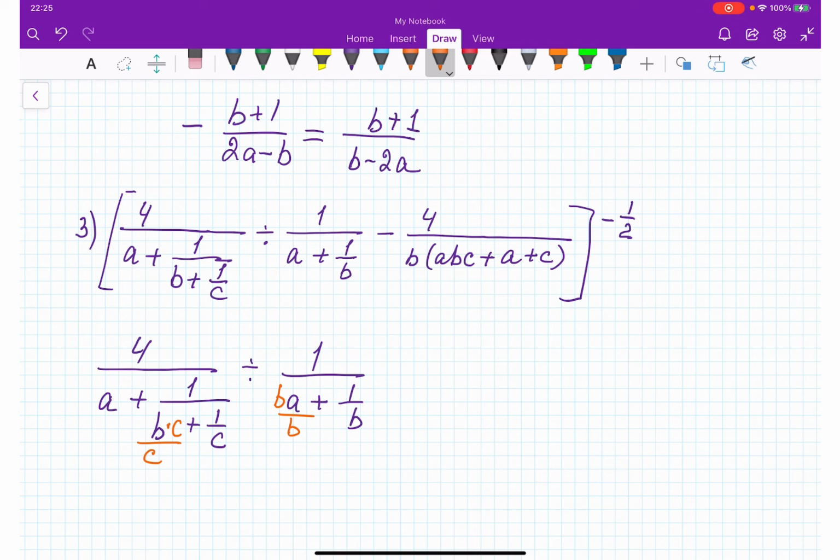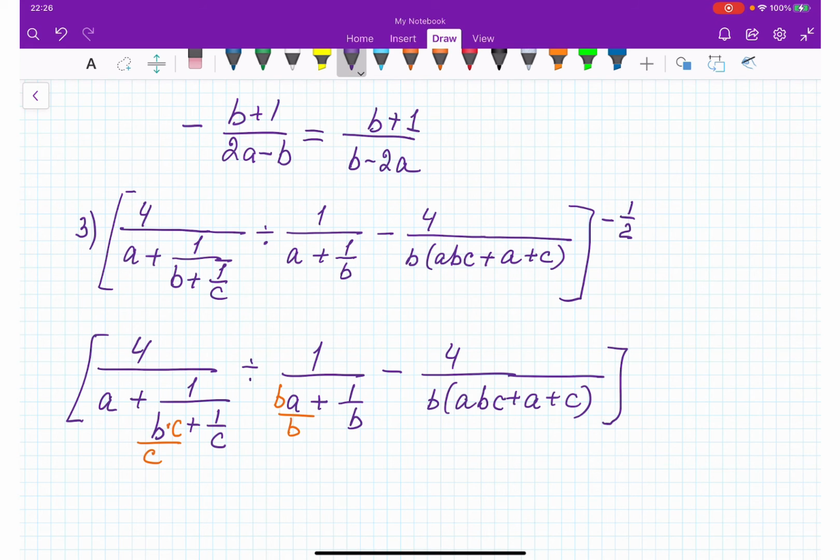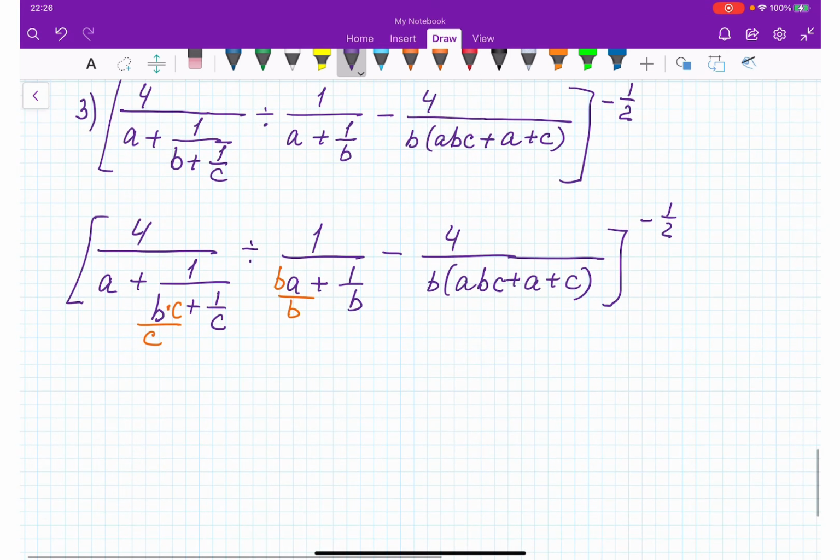All right. And minus 4 over b times abc plus a plus c, to power negative 1 over 2. All right, so we are getting a plus 1 over, it's going to be c, bc plus 1.